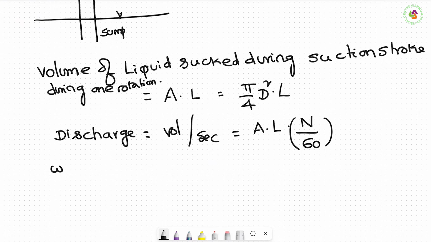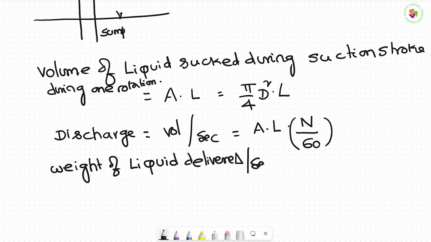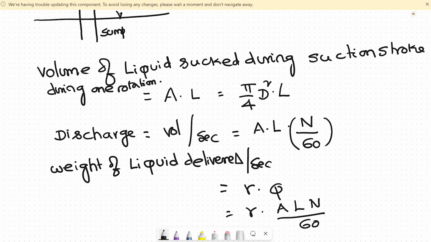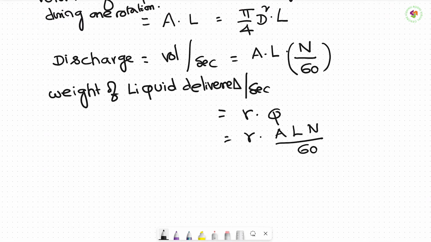Then what is the weight? The weight of liquid delivered per second is equal to gamma into discharge. It is equal to gamma into A L N by 60. So this is the weight actually. What is the work done actually?